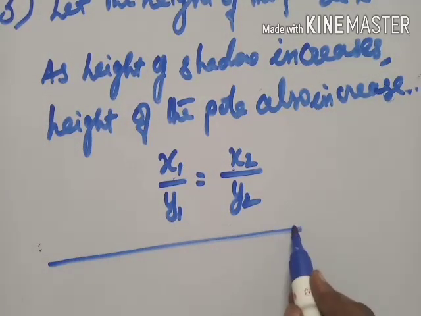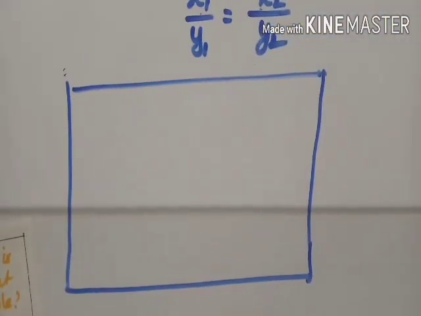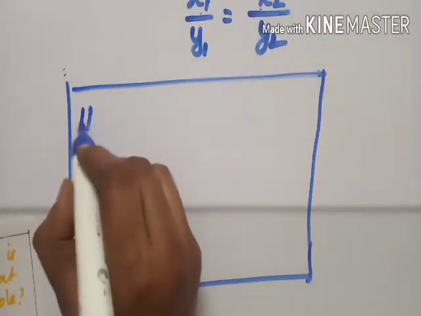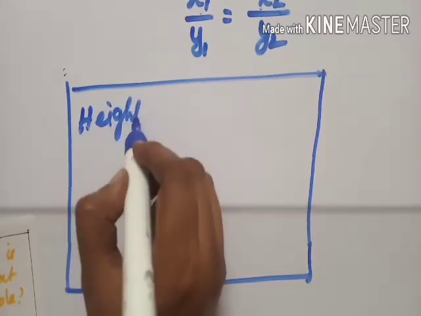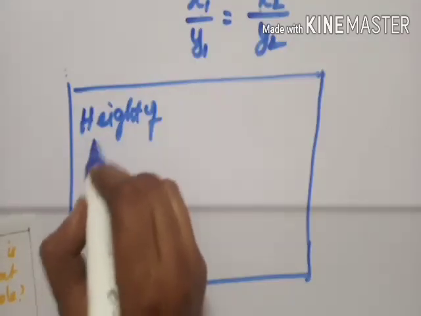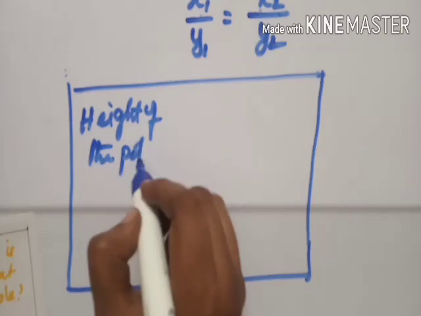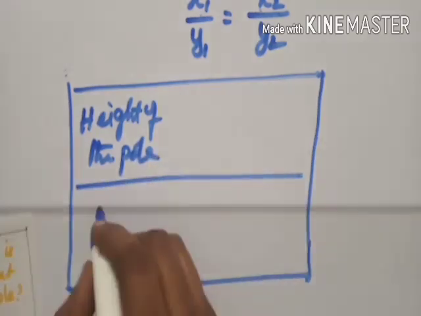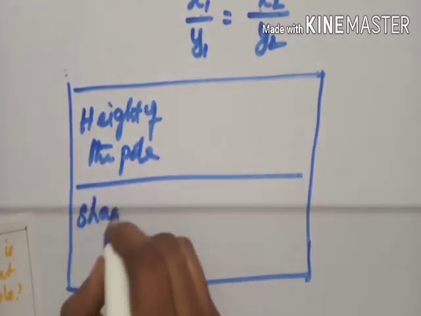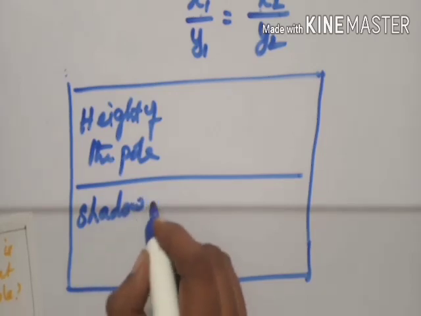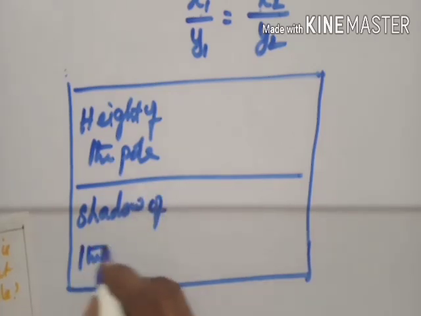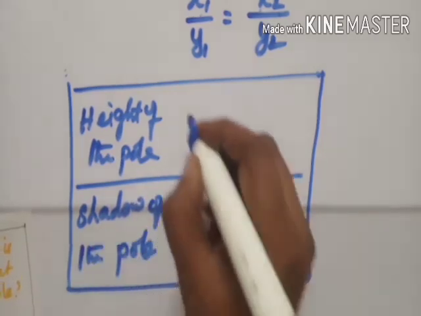You have to write what is given there, that is the two values, x1 and y1. Height of the pole. Next one is the shadow of the pole, right? So what is the height?